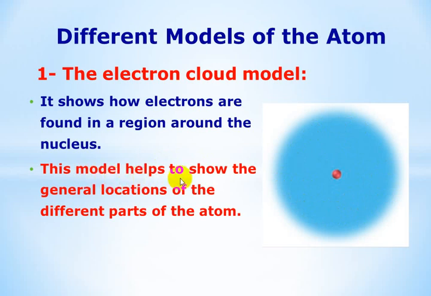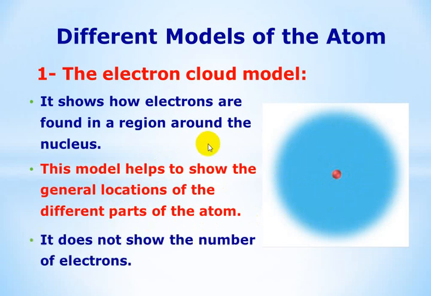This model helps to show the general location of the different parts of the atom. Here is the nucleus, and the electron can exist in this region. It does not show the number of electrons. So this is the electron cloud model, just a cloud to show where the electrons can exist.